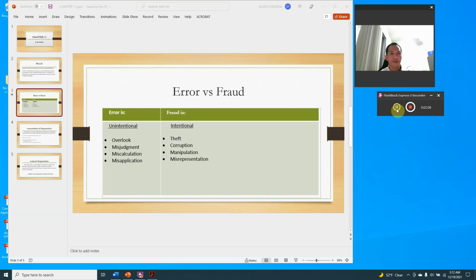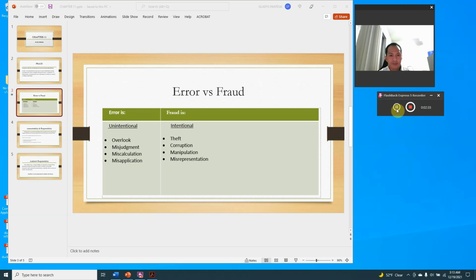So that's the meaning of error: unintentional. For example, you overlook evidence, you have a wrong misjudgment, you have a miscalculation, for example, on the financial statement, and misapplication.